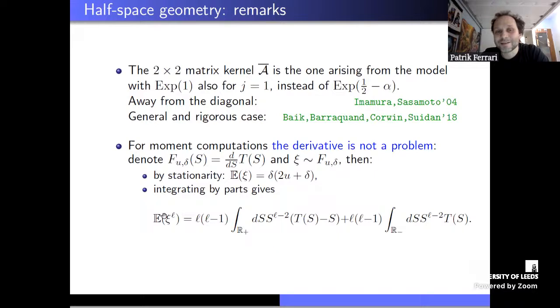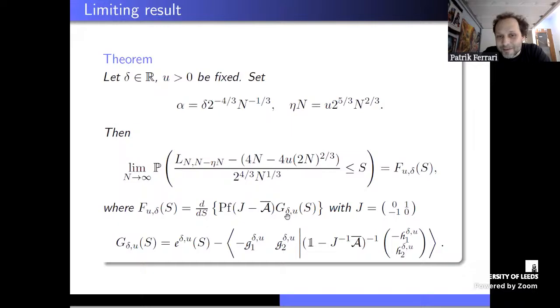If you look at higher moments, you just integrate by parts. If you have this one as the derivative of something, t, then you can integrate by parts and have everything written in terms of t.